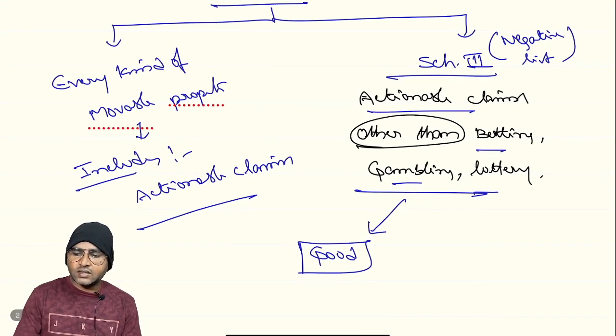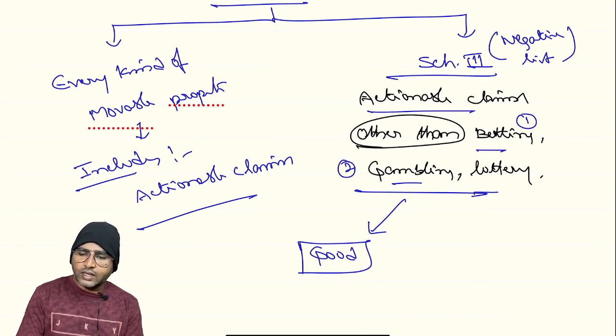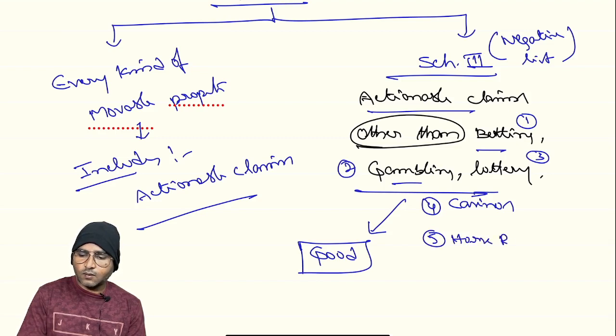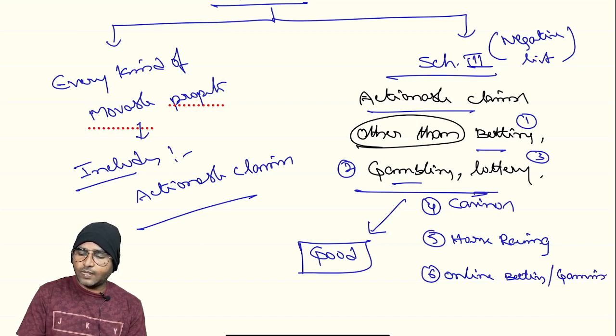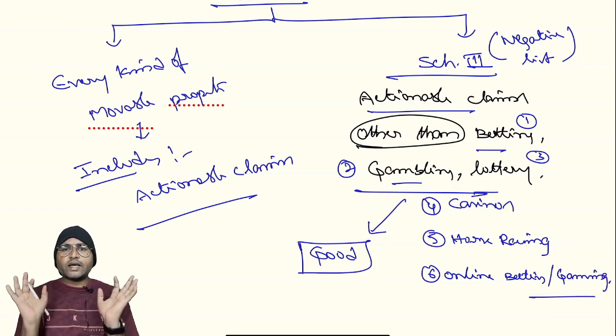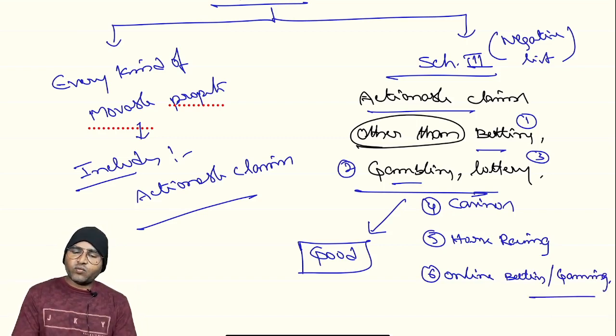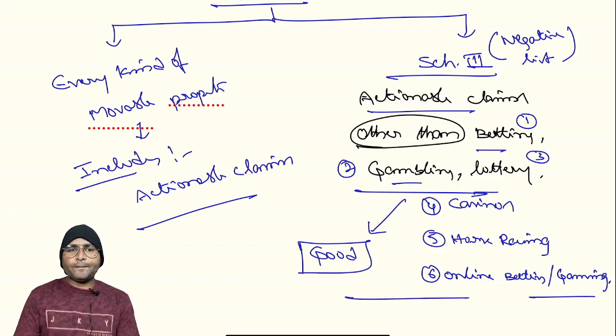And apart from these three things, casinos, horse racing, online betting or gaming, these are excluded from Schedule 3. When these three things are excluded, finally 6 things became goods.